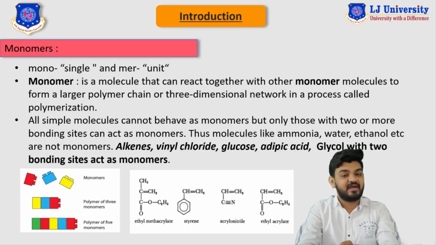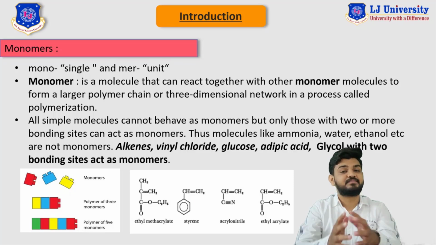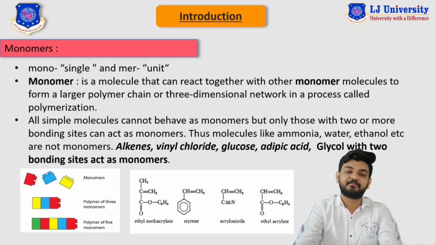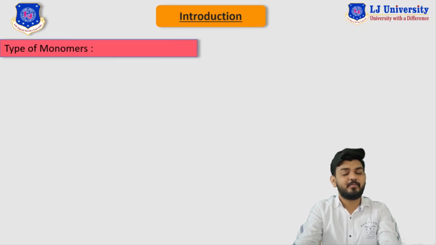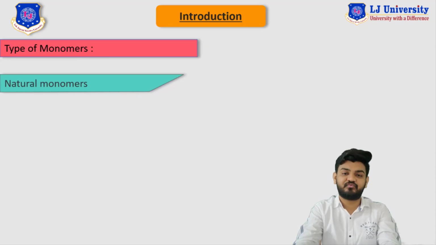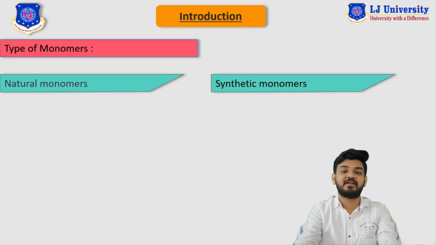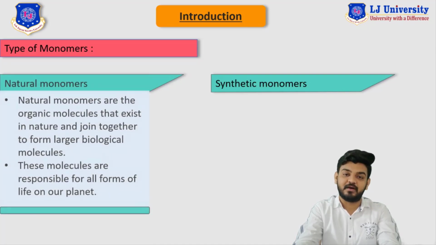So now, having said that, let me introduce the different types of the monomers. Well, monomers can be defined in two ways. One is the natural monomer and another one is the synthetic monomer.